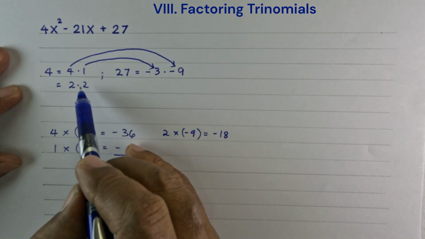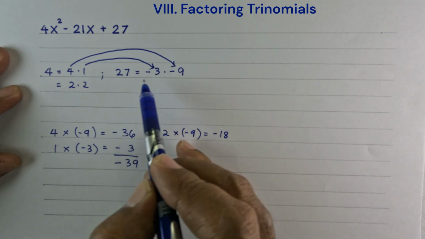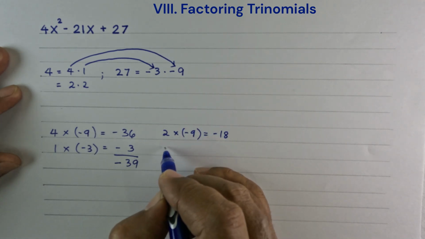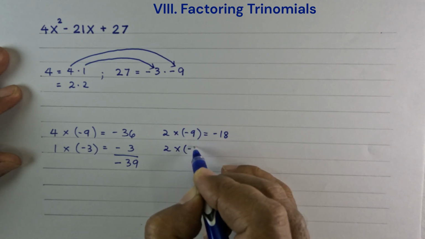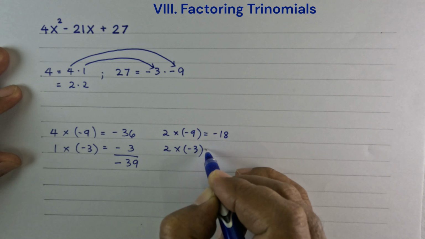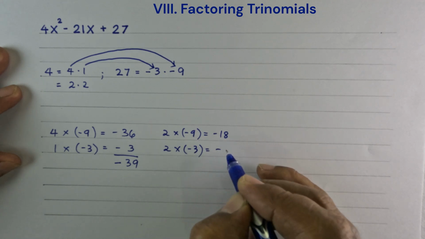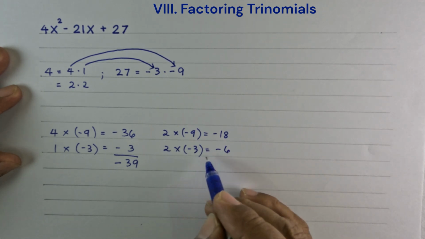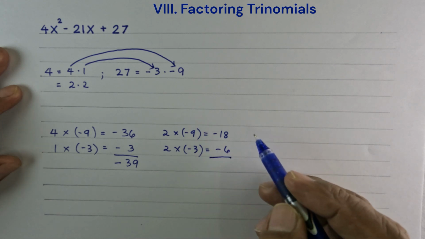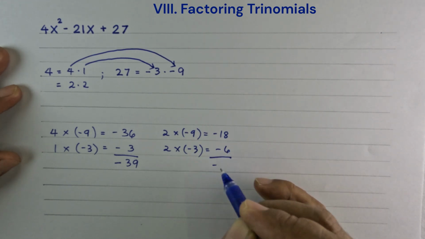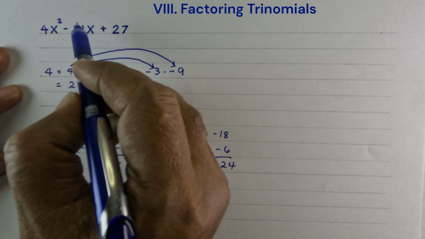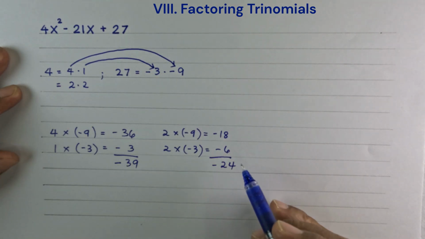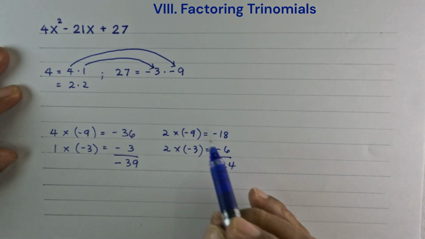And likewise, the inner factors, 2 times negative 3. That's negative 6. So get the sum. That's negative 24. Still not the number we're looking for, but we're getting closer.